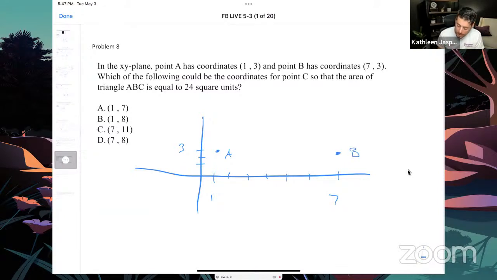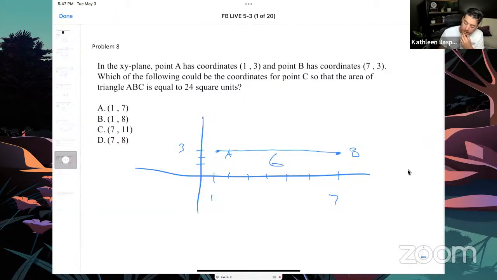So what I have now is I'm going to connect these 2 points because that's going to be one side of my triangle. I can find the value of this line because it's from 1 to 7, which gives me a distance of 6.